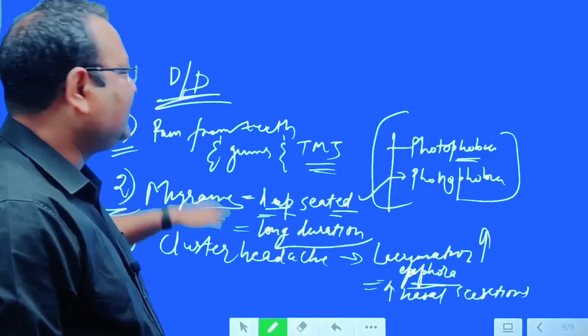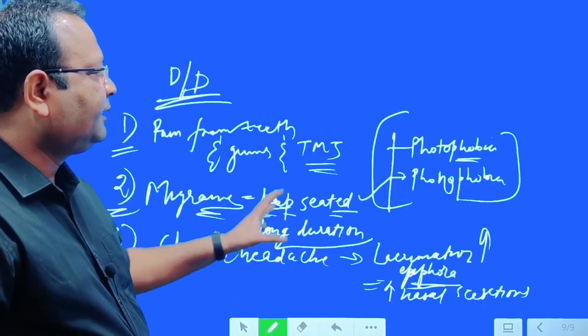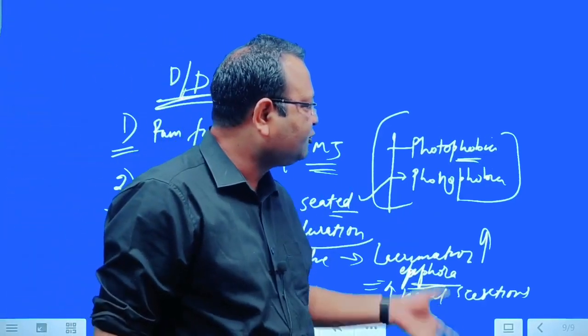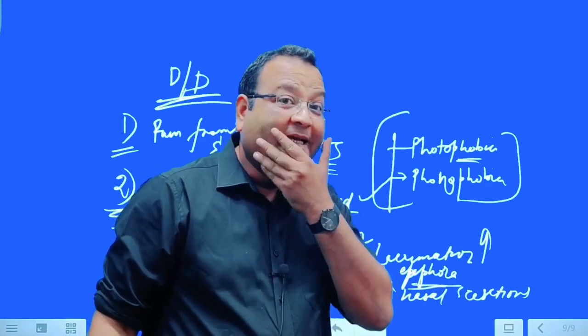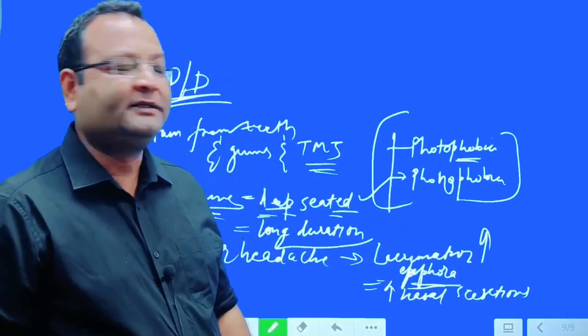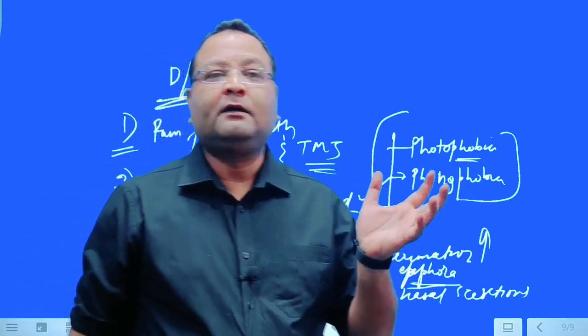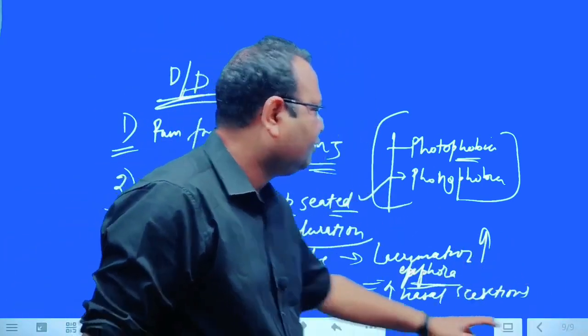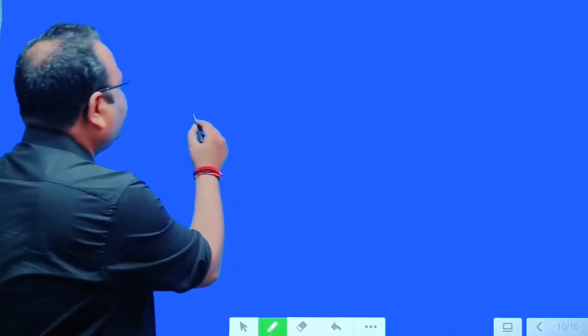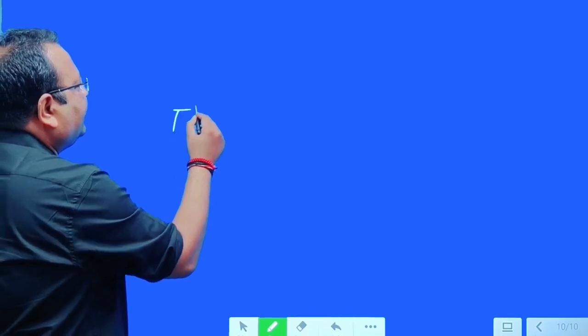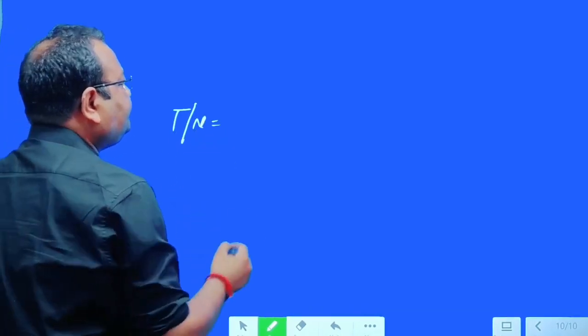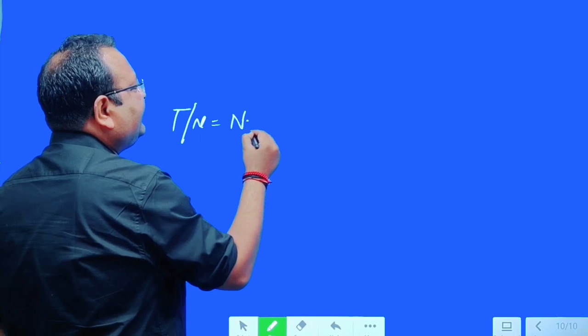So in trigeminal neuralgia, you can do a differential diagnosis and exclude that, because in trigeminal neuralgia cases, associated symptoms are not present. There is no sensory deficit. So we can also say that in trigeminal neuralgia, there is no sensory deficit.